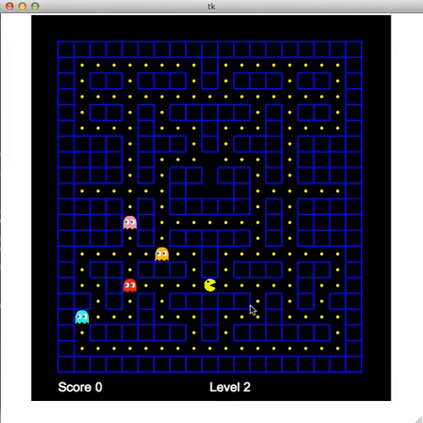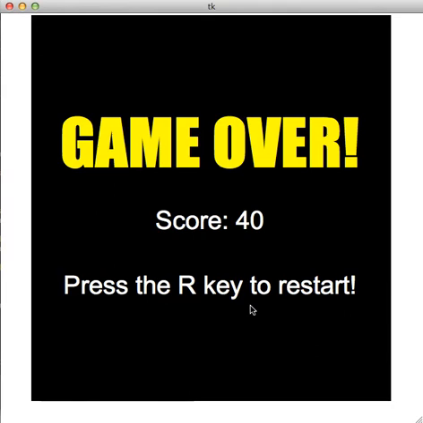Onto level 2, the ghosts are moving a little bit faster. As each level increases, the ghost's speed increases, and the enemies or the ghosts get smarter and more agile. And at level 7, the ghosts are moving very quickly.